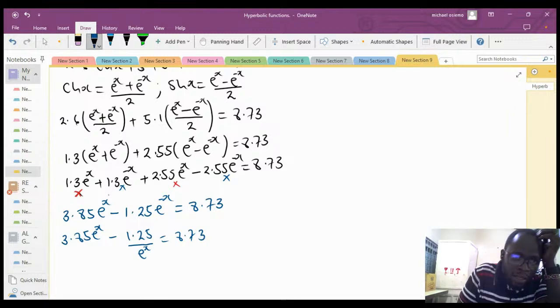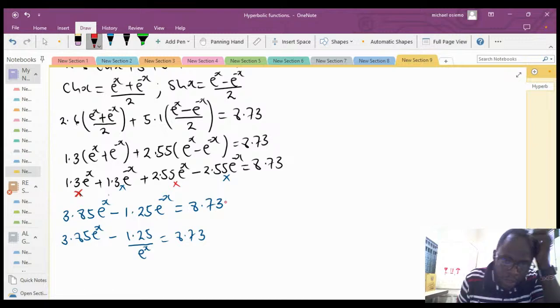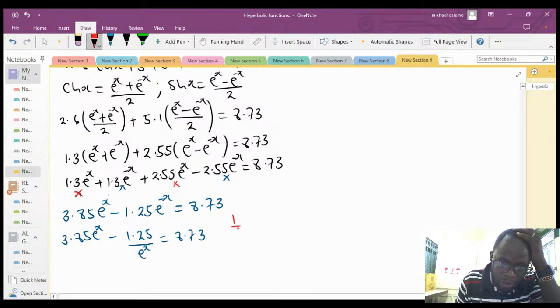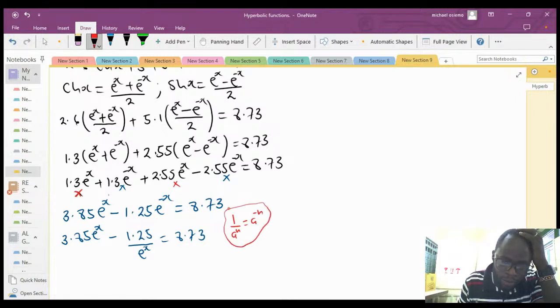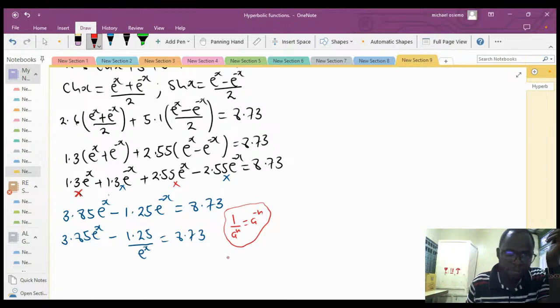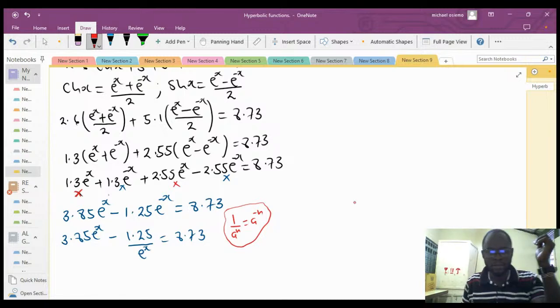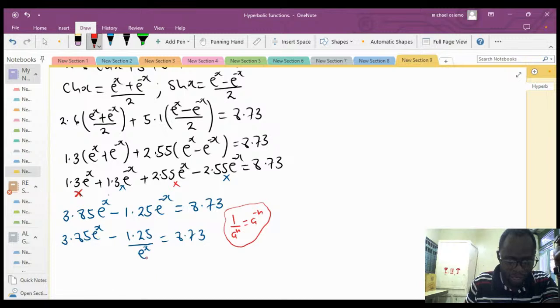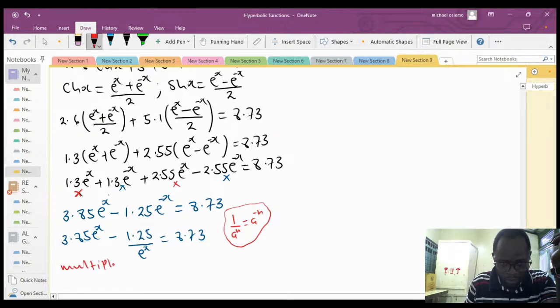It's because, if you can remember, 1 over a raised power n is the same as a raised power negative n. So exponential raised power negative n is equal to 1 over exponential raised power n. With that in mind, I can multiply through now by exponential x.